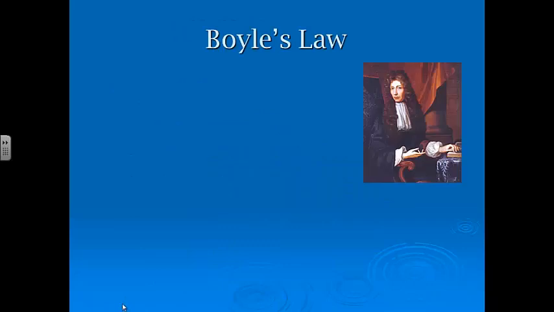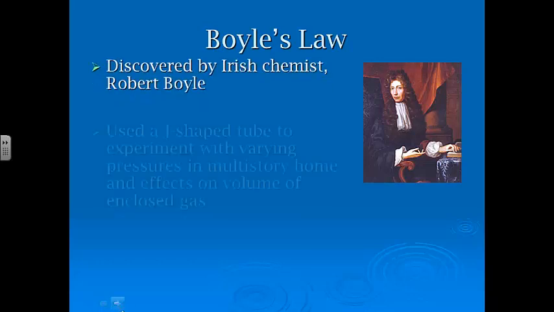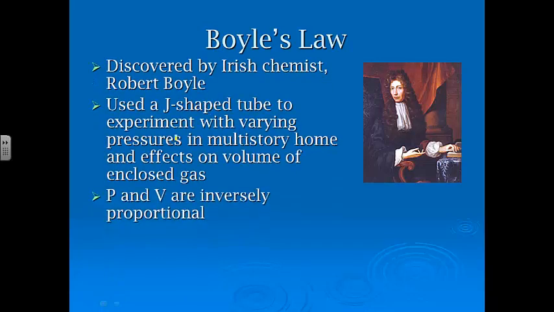All right, let's talk about gas laws. On the front of your packet, you have this nice little chart that puts it all on one page, which I think is really nice. It's always easier to look at one spot. Here come the major gas laws. First one is Robert Boyle. He really got into studying gases by looking at effects on volume in a closed gas, and the J-shaped tube was just a way to keep that.